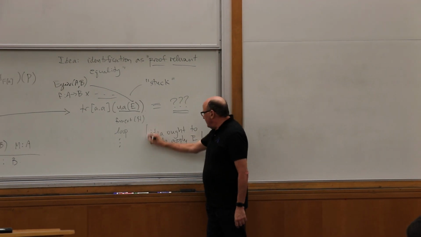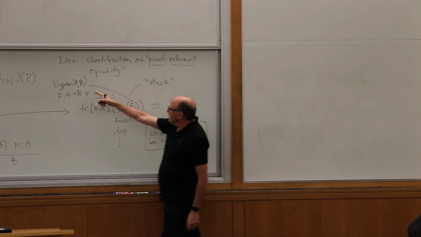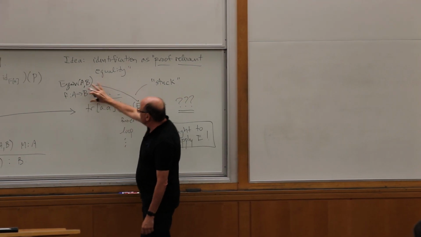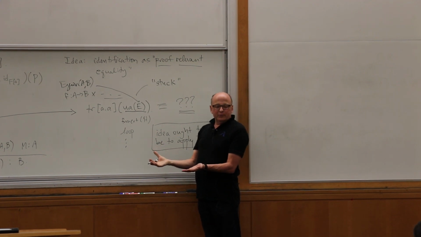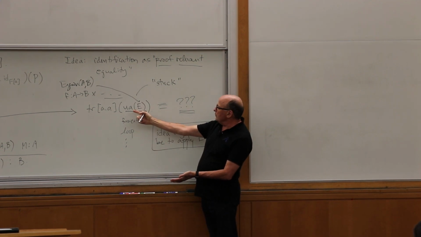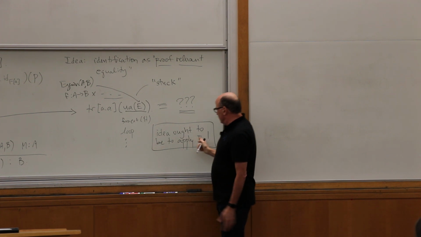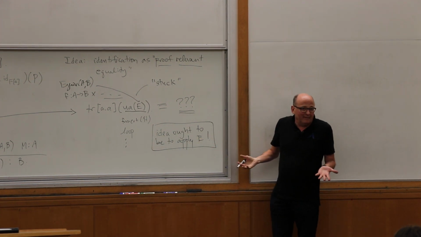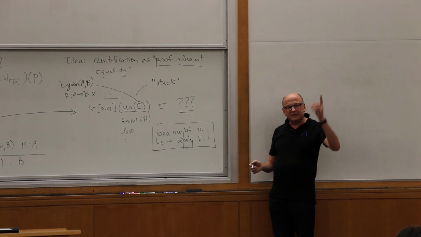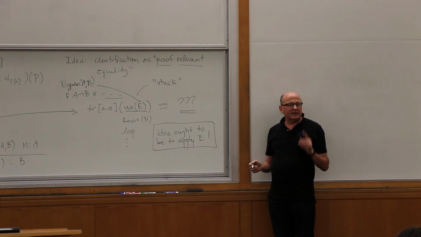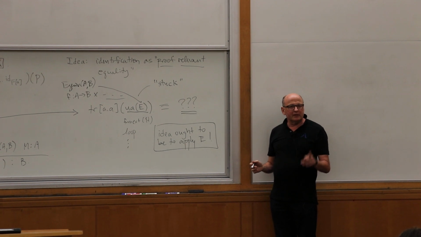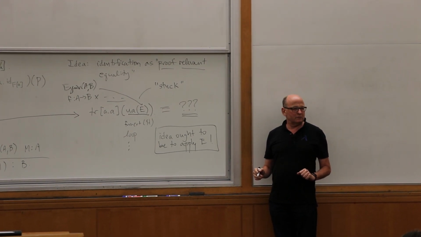So this guy, I mean, after all, if E goes from A to B and I'm treating it as if it were a witness to the equality of A and B, then by God, if I want to go from A to B, how else am I going to do it? I'm going to apply the equivalence. Right? Common sense, okay? But now is the rub. The rub is the identification type is defined in a type-independent way.